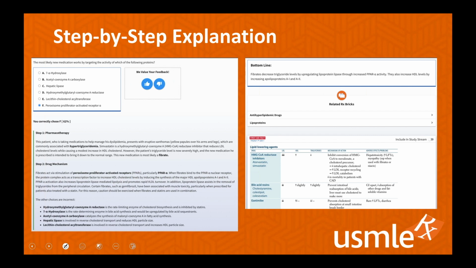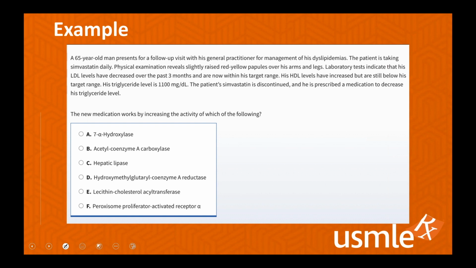Some of them are actually shorter than that, because they're going to be giving you examples where there may not be as many physical exam findings or laboratory tests. But you can see there's nothing about pertinent negatives here. It's pretty tight and organized. You can see that we have six choices for you to look at, right? And when you look at it, a lot of these things can potentially be the answer.